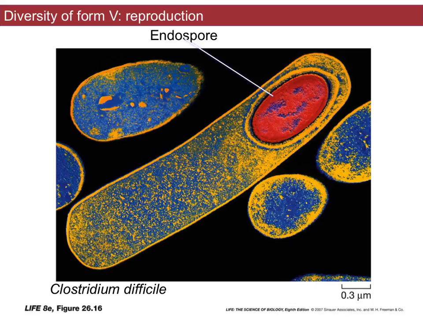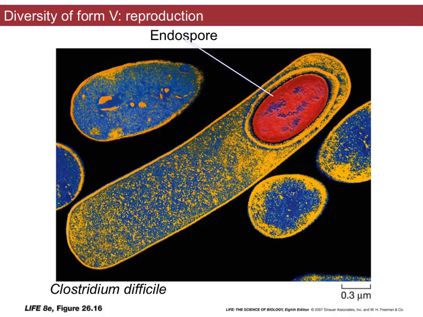So another type of diversity that we have is what we call reproductive diversity. Normally when we think of bacterial cells dividing, we think of E. coli in culture, where one cell divides into two cells, and you have exponential growth. But there are a fair number of bacteria that form endospores.